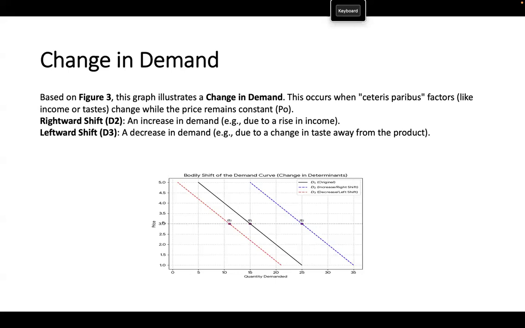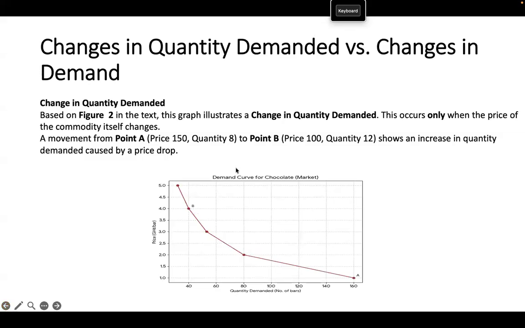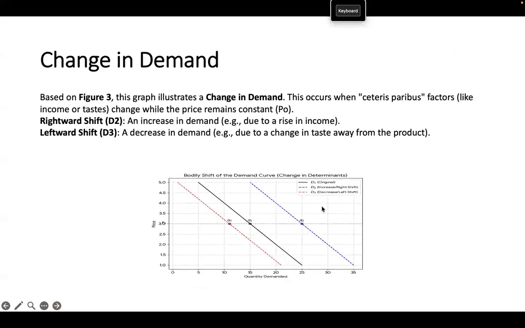But with the other one, the changes in quantity demanded, it's only the price. This one is only the price. But with the change in demand, all the other factors cause the change in demand. Is that okay? Yes, sir. All right, sir. Thank you. You're welcome.